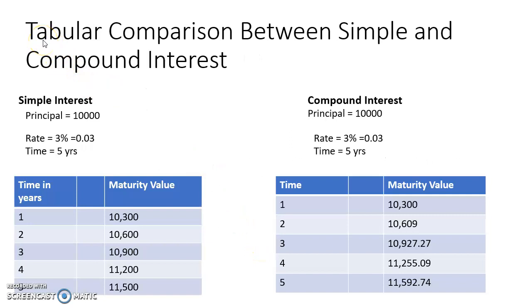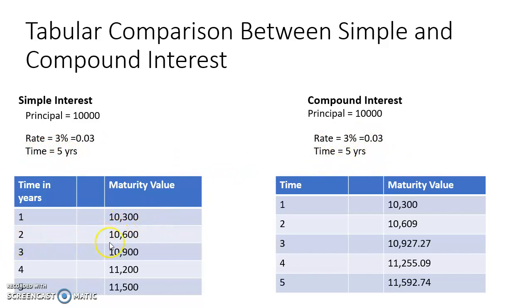Okay. Now let's compare the simple interest and compound interest using the table. So as you can see, this one is for simple interest. You have the same principal, 10,000, same rate, 3%, same time, 5 years.